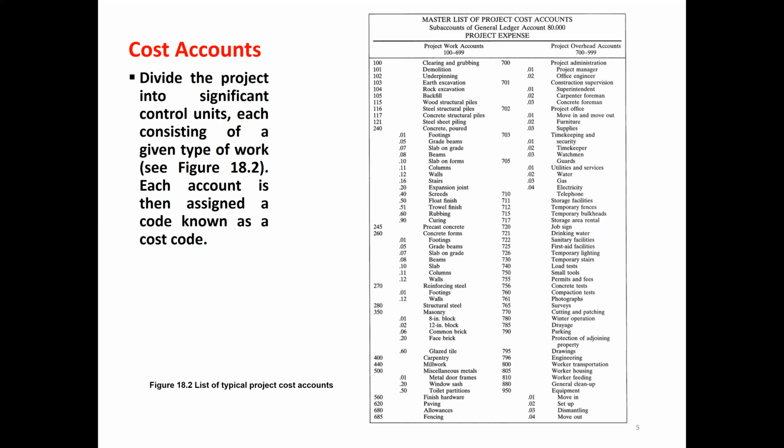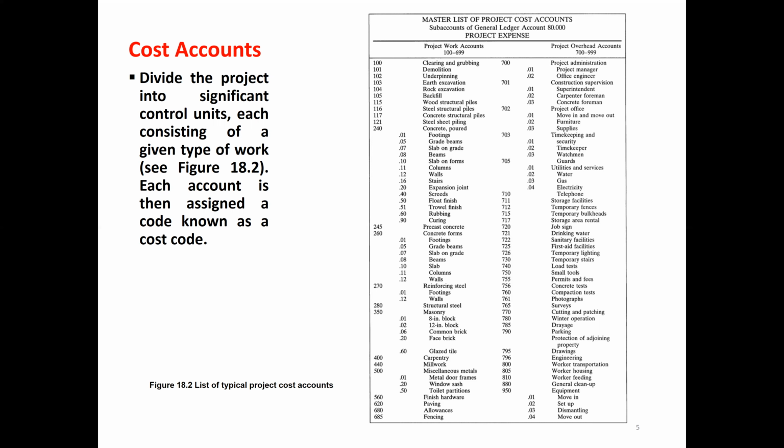721 is drinking water. 722 is sanitary facilities. 725 is first aid facilities, and 795 is drawings, 950 is for equipment. So we are going to divide the project into significant control units to control the cost.